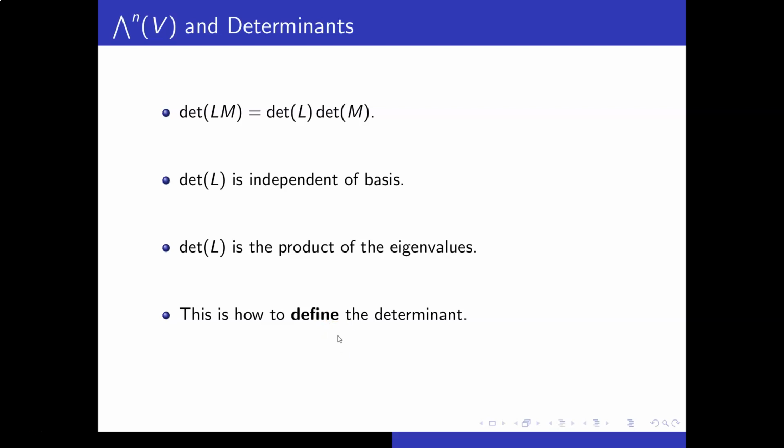Rather than these convoluted formulas, cofactor expansions and Cramer's rule, this is really how we define the determinant now. It is literally the unique extension of a linear map to its n-fold exterior power. And it tells us a lot. So that's why we like the exterior algebra, and in particular its n-fold exterior power.